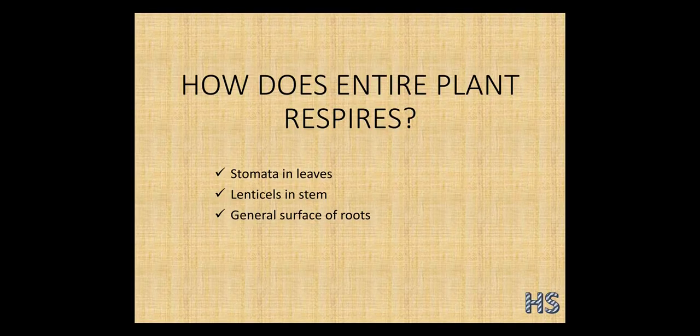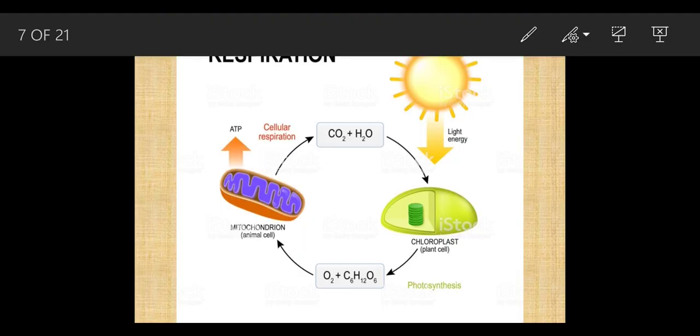Now this is very important: cellular respiration. First I am going to help you out with this part. There is a sun providing light energy to the cell organelle, the chloroplast.